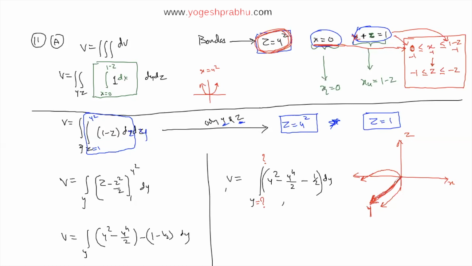Okay, let me make it a bit easier for you. What if I call this as y and this as x and this as z? Let's call this as z and this as x. I can call whichever one I want.